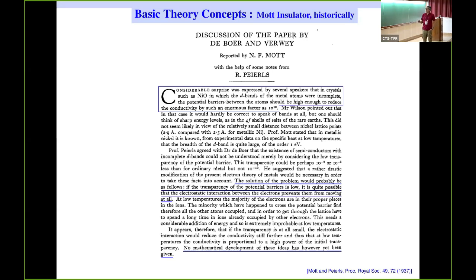If the electron interaction between these sites is too large, then the electrons are prevented from moving. That's a Mott insulator, and that is the first account of the Mott insulator in the literature. Of course, there was no real mathematical treatment then, but these days we can do a bit better, as we will now discuss in more detail.